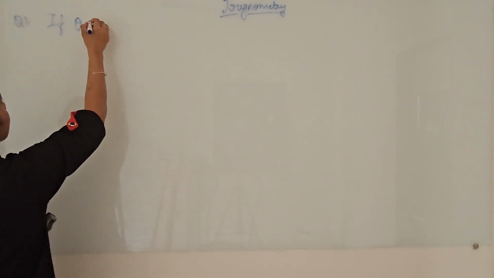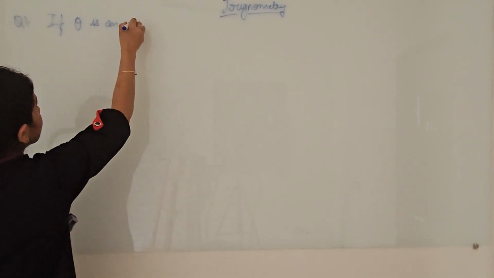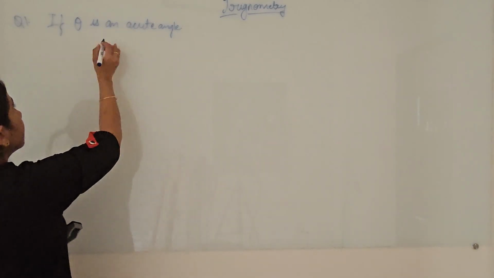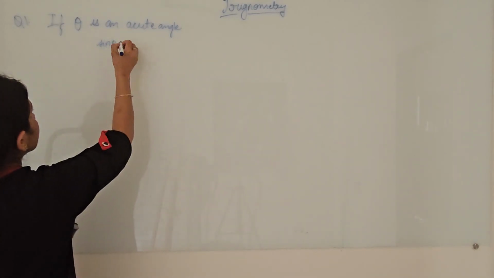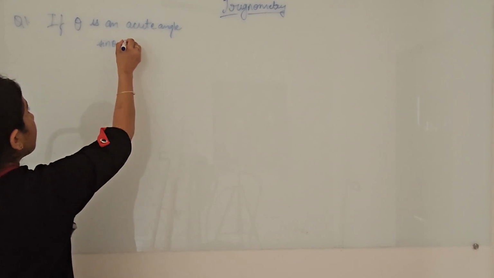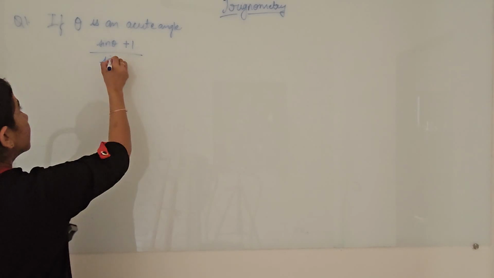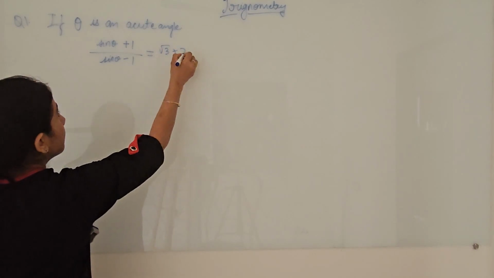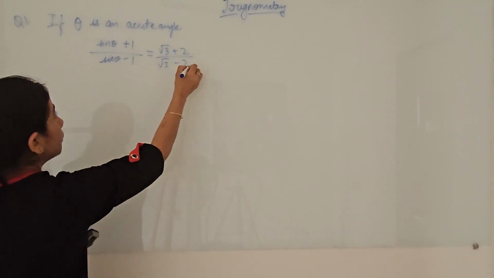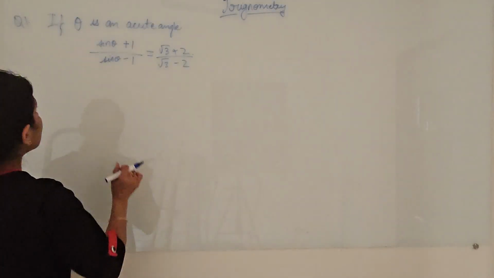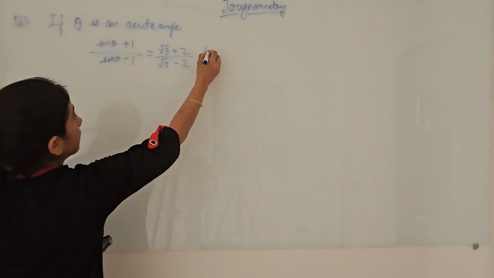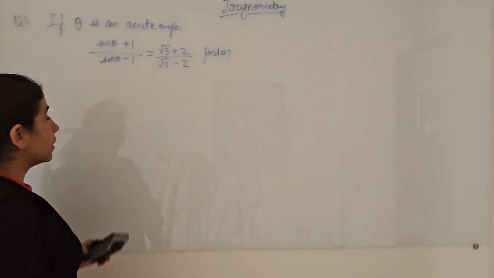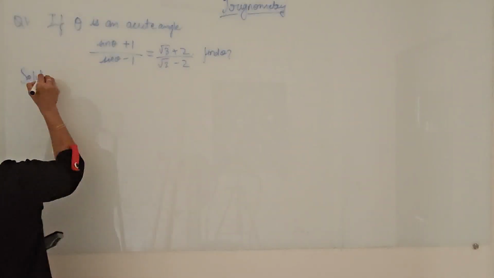If theta is an acute angle of a given triangle, and the relationship given is (sin theta plus 1) upon (sin theta minus 1) is equal to (root 3 plus 2) upon (root 3 minus 2), the thing that is being asked is: find theta.